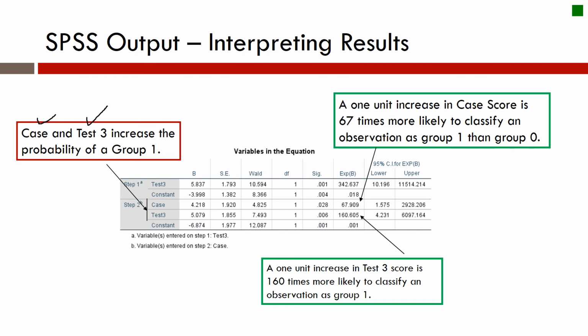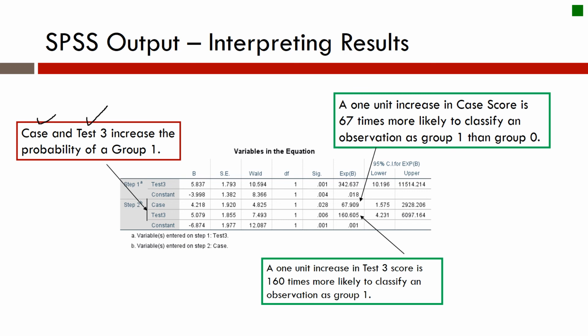So the way we interpret this is a 1 unit increase in the case score helps increase the likelihood of placement in group 1 by 67 times. So in other words, if a student does better in case 1, they have 67 times the likelihood of being placed in the top group than otherwise.